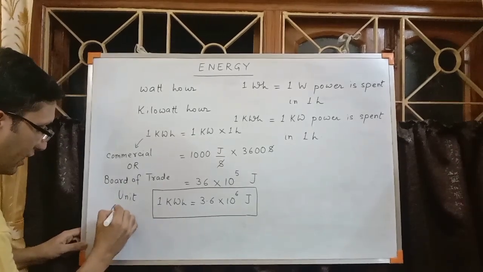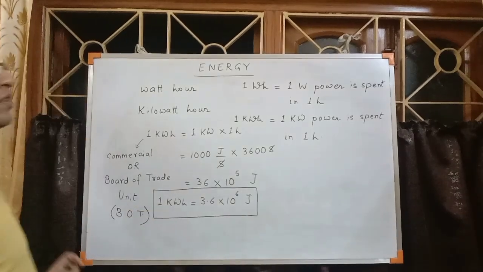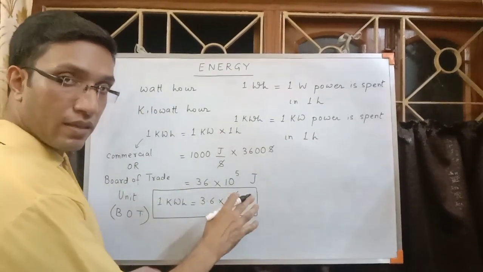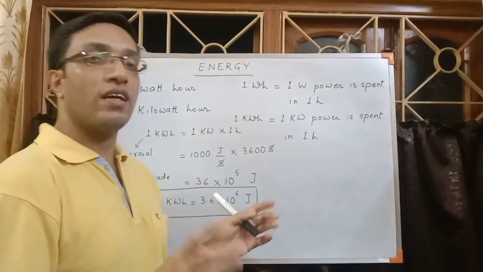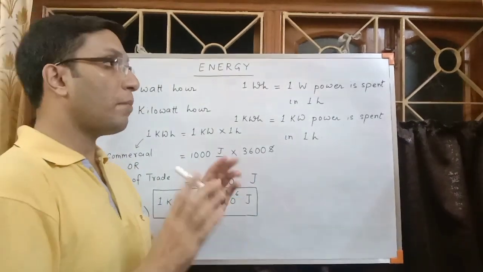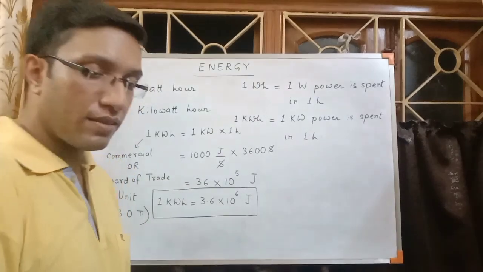In short, we write it as BOT. I hope this much is clear, the relation between kilowatt hour and the SI unit of energy. Now, we will be learning one common unit of energy that is mainly used in case of heat energy. So let's see that.